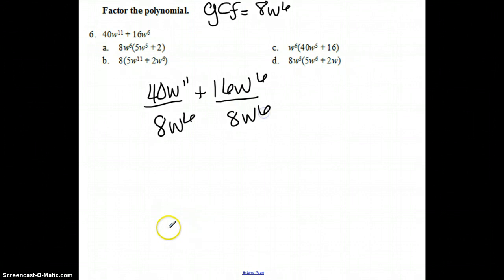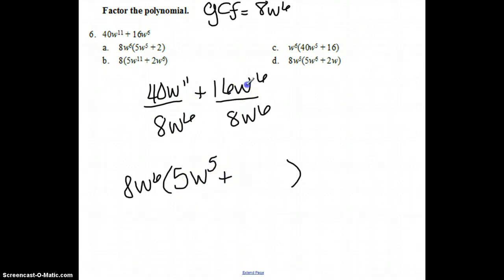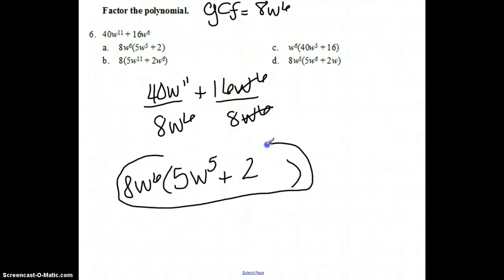Whatever my greatest common factor is. Now by taking it out, I'm going to put it in parentheses in front. So 40 divided by 8 is 5. 11, take away 6, is going to be 5 for the w's. These will cancel. 16 divided by 8 is 2. So this is going to be our final answer. So that means that on number 6, my answer is going to be A.